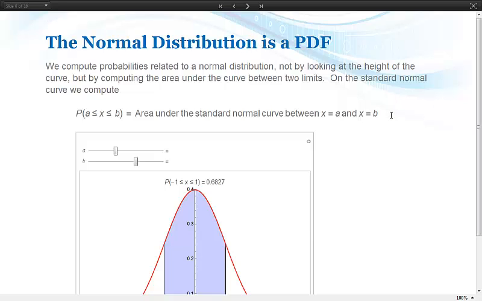But as we said, the normal distribution is a probability density function, a PDF, so when we compute probabilities related to the normal distribution, we don't look at the height of the curve, we look at the area under the curve between two limits. On the standard normal curve, we compute the probability of our value falling between two limits as the area under the curve between those limits.